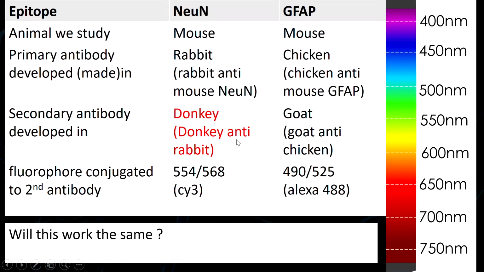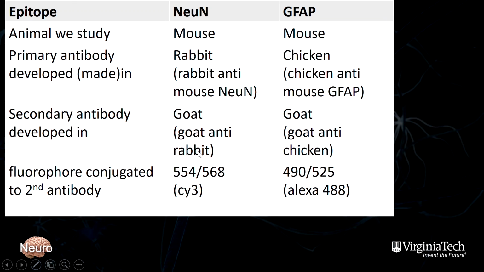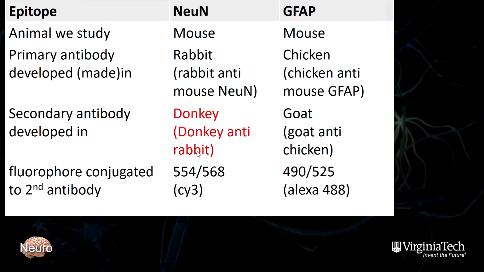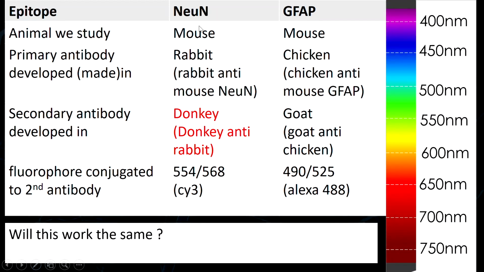Okay, here comes another question. What if instead of using goat anti-rabbit secondary antibody, I use the donkey anti-rabbit antibody for my neuron stain? Are you going to have the same result? The answer is yes. Why is that?